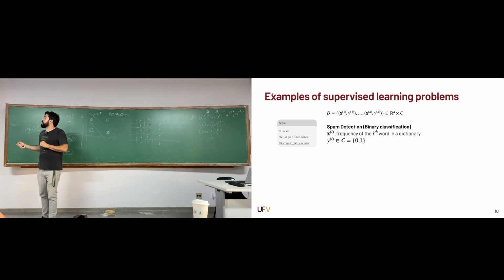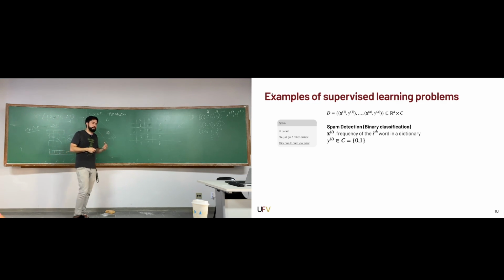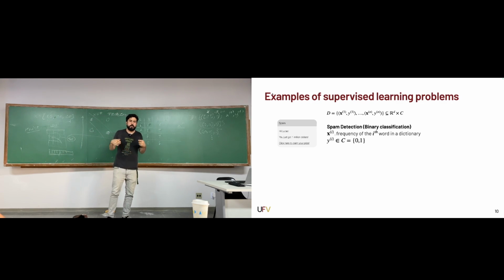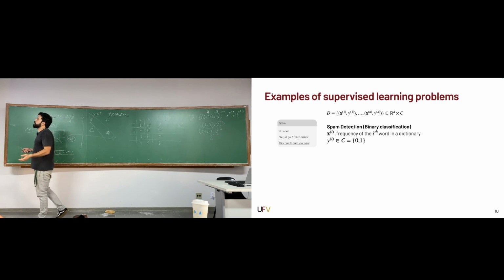And one way you could transform an email into a vector, and this is important, this is what we call a representation problem. When we are working with neural networks, our inputs are going to have to be vectors.